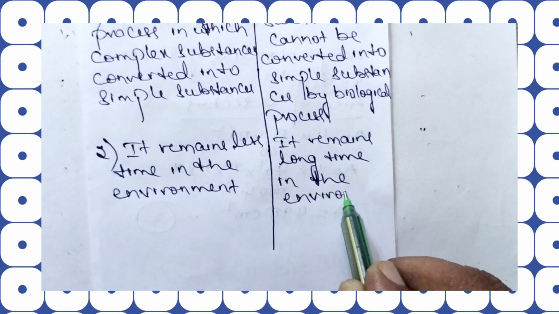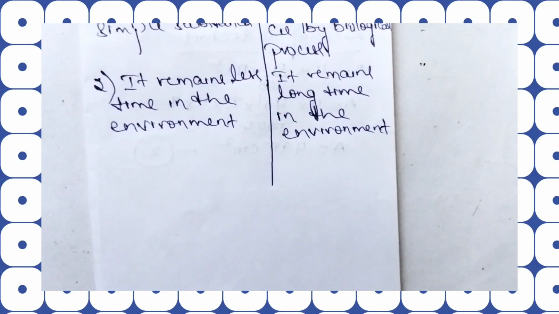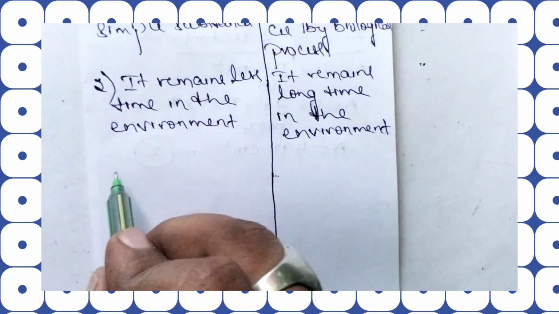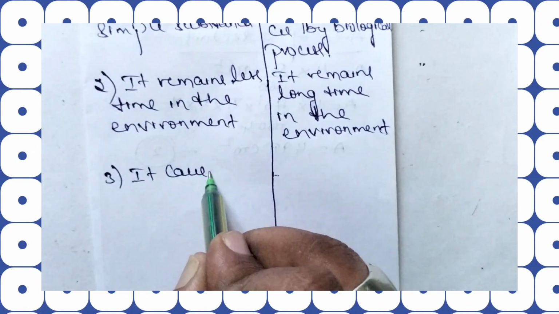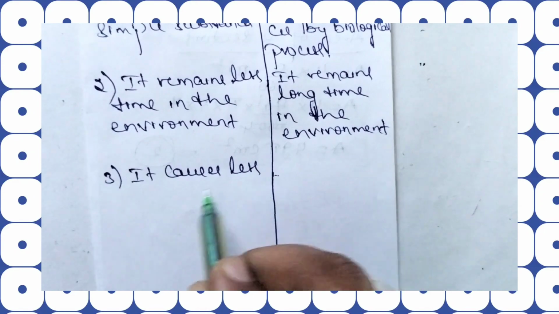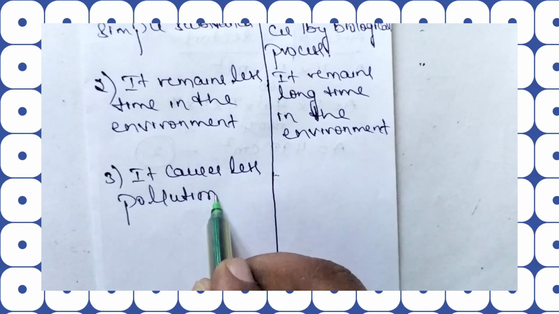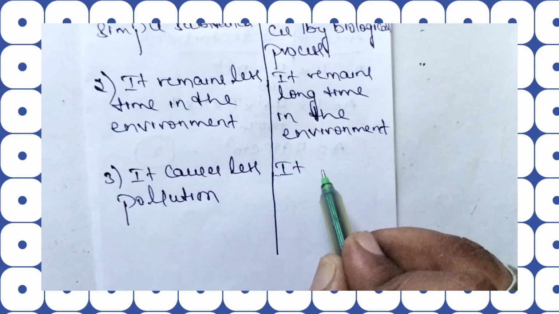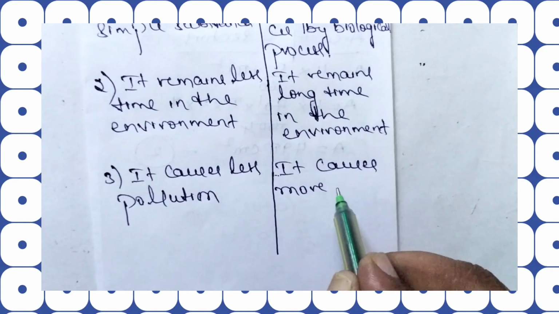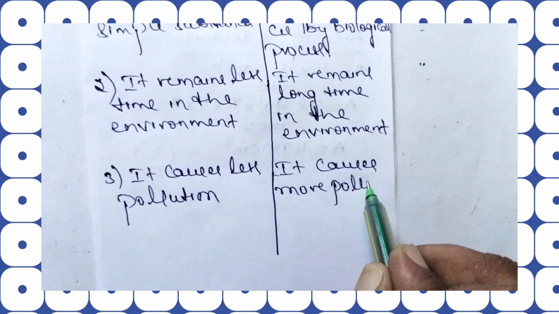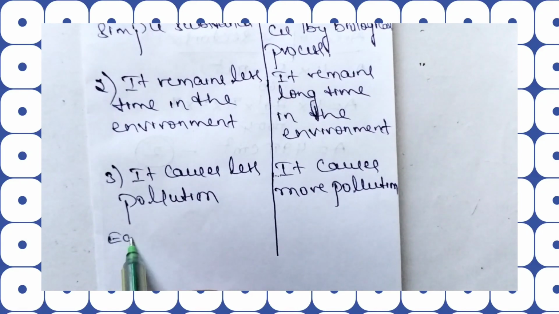This is the second difference between biodegradable and non-biodegradable. And the third difference is it causes less pollution. And towards this side, it causes more pollution.